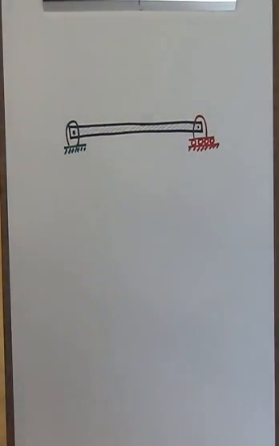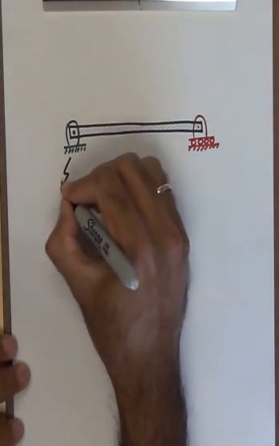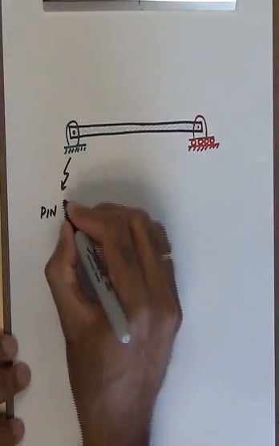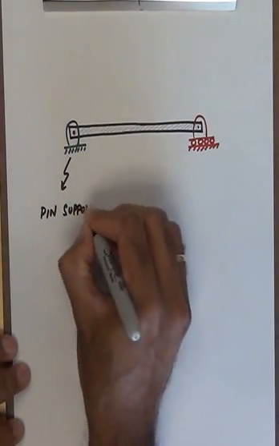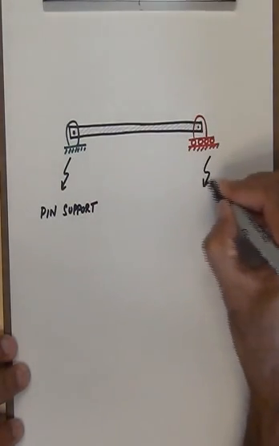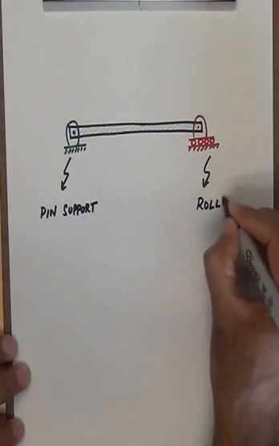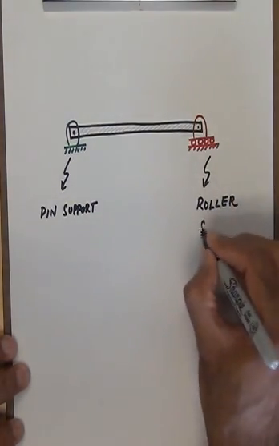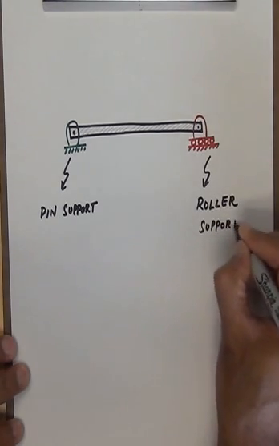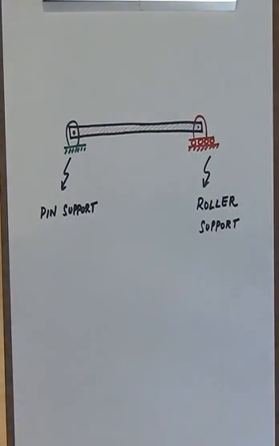So this is a pin support, and this is a roller support. Sometimes the roller will be drawn as a roller with a unilateral constraint, or we could have a rocker drawn there instead of a roller, but they all perform the same role.